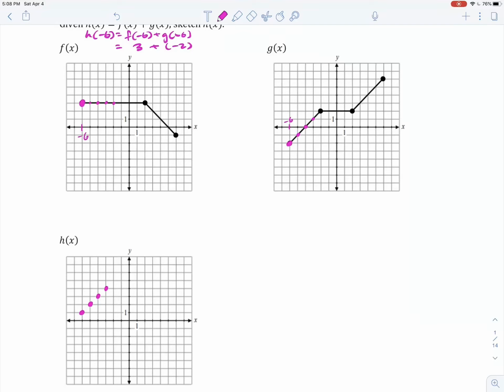F is 3, g is 2, h is equal to 3 plus 2 equals 5. So that's how we tackle this. You can take a moment, try completing the rest if you want. Feel free to pause this video at any time. It's the usual kind of mode of operations. But I will now finish this one off.